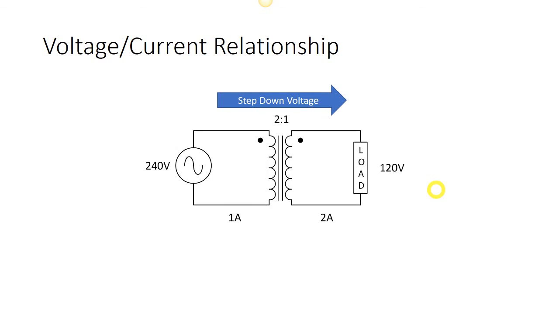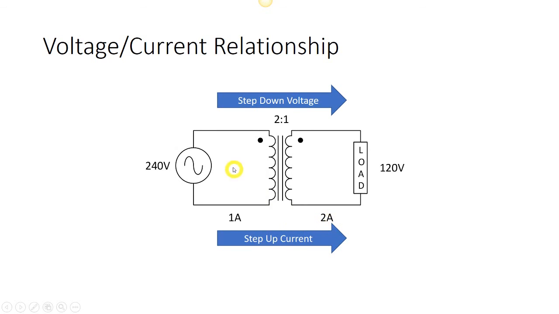And so my voltage steps down, but look at the quantities of my current. My current is actually being stepped up at the same time. So even though on this side I am outputting 1 amp, on this side for that load I will be consuming 2 amps.